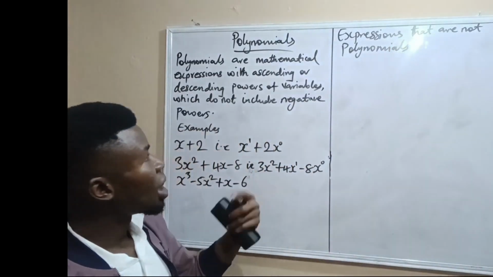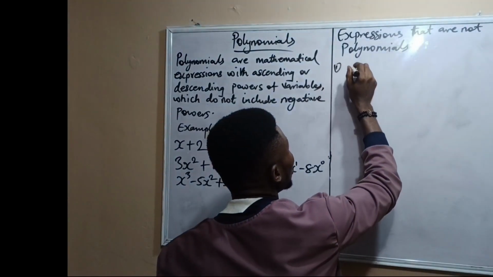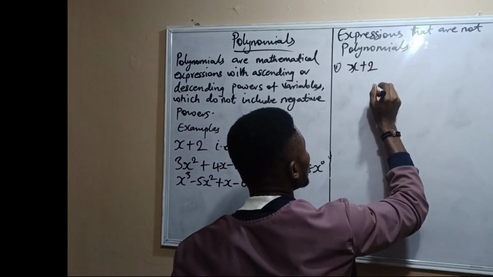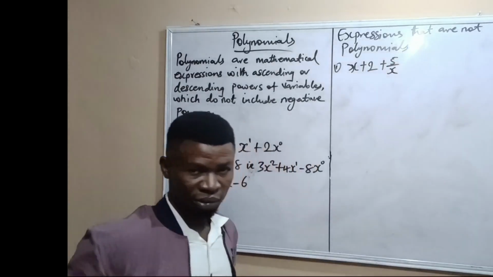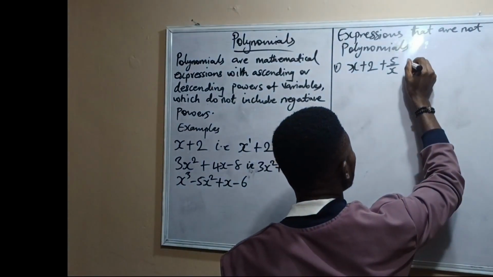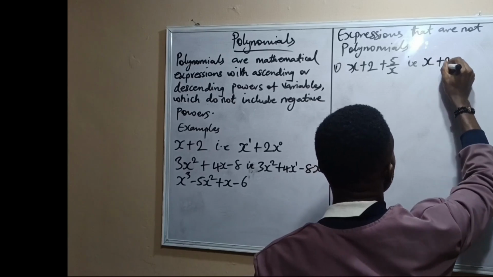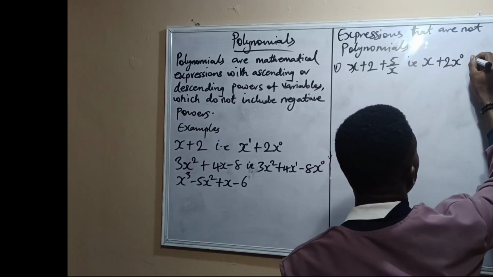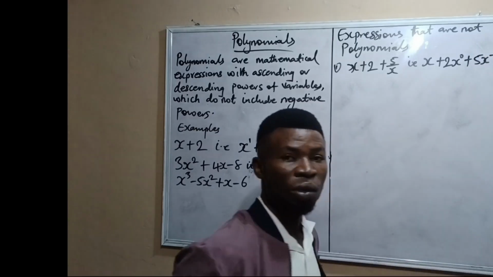Now, expressions that are not polynomial. The first one is something like x plus 2 plus 5 over x. And this can be written as x plus 2x raised to the power 0, of course, then plus 5x raised to the power minus 1.